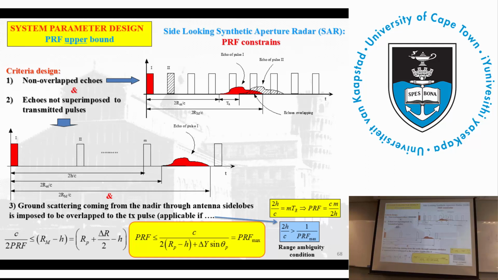So imagine this is the nadir return. You put a pulse in there, and you know that. So this condition here is actually related to c over 2 PRF, fine, that should be less than Rn minus H, which is this one.